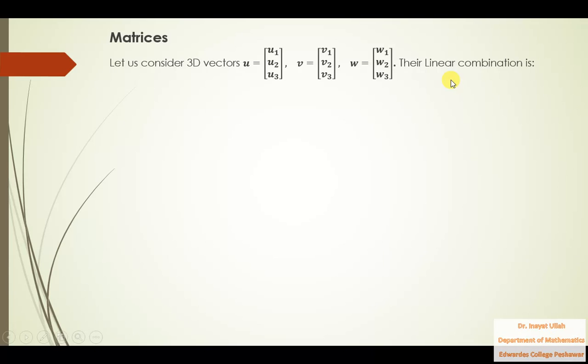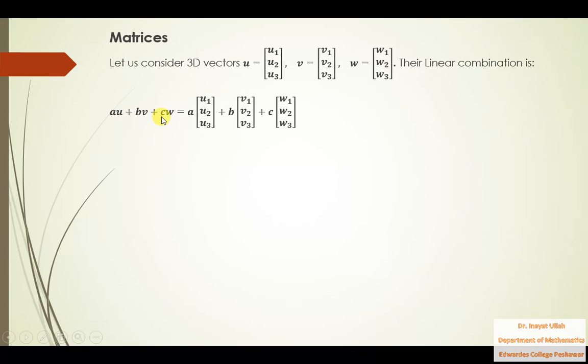We have already studied what the linear combination of vectors is. When we multiply these vectors by constant numbers a, b, c, we have multiplied this u by a, where a is a real number, and we have multiplied this v by b and this w by c, and then add these three vectors.